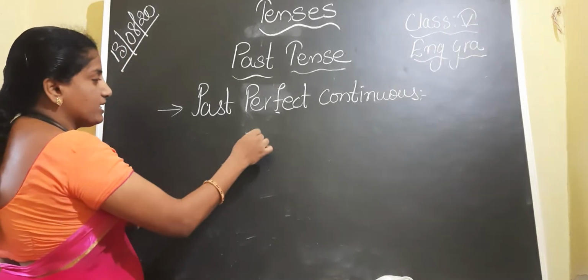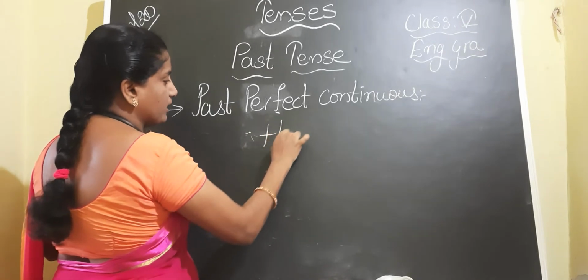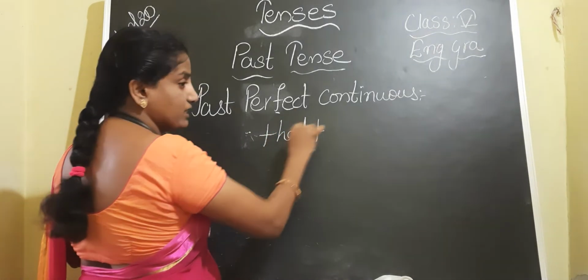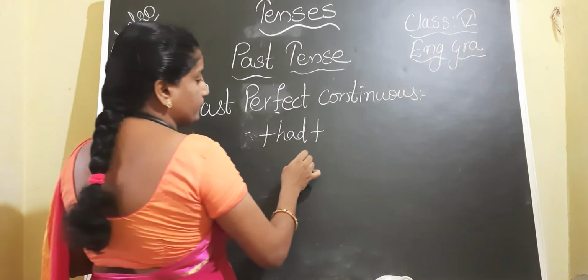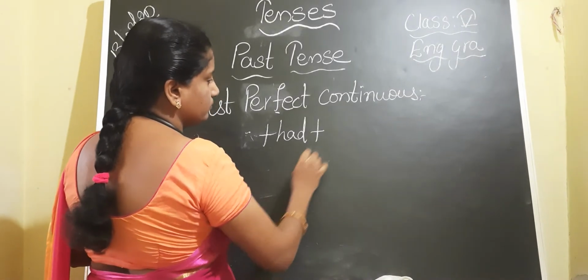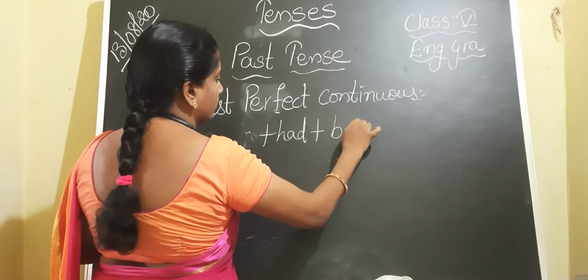See, already as I said to you, perfect in the past takes had as a helping verb, and been.